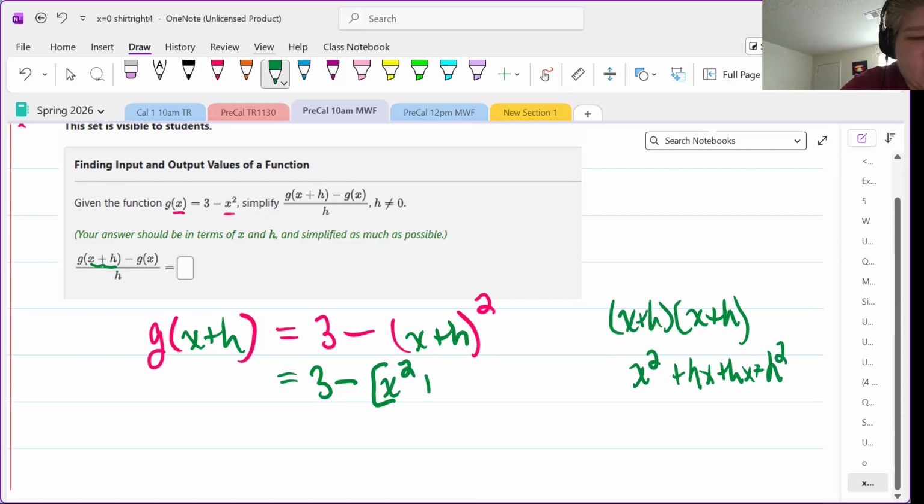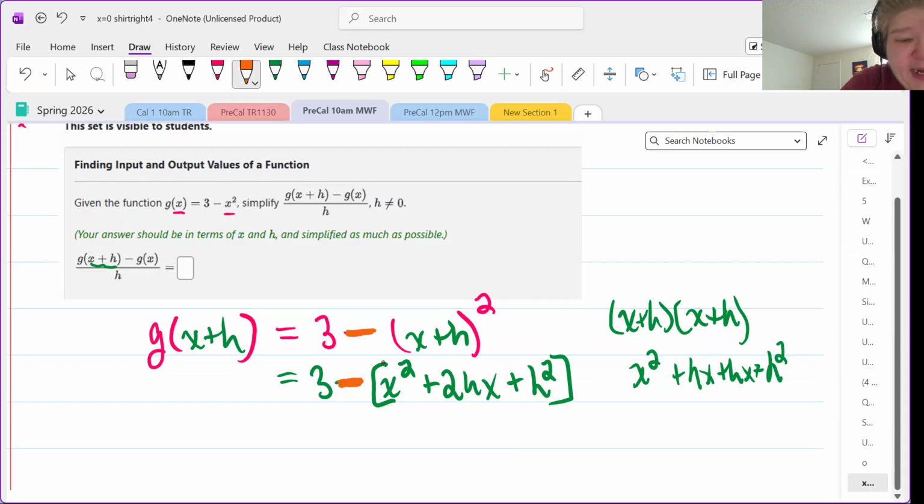So we have x squared plus 2hx, or xh, whichever order is fine, plus h squared. But this minus sign that was in front of the parentheses is in front of this whole entire x plus h thing squared.